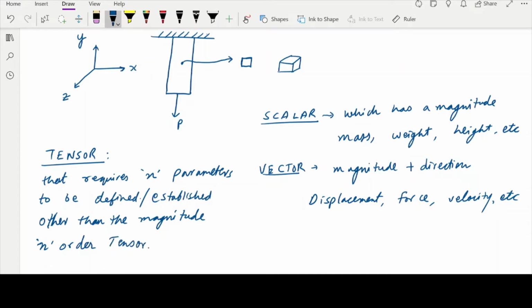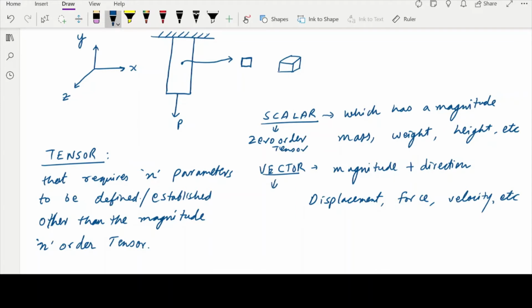Here you can see that a scalar, other than magnitude, requires zero other parameters to define it, right? Mass requires only the quantity, that is 70 kilograms, 70 pounds. So a scalar is a zero order tensor. A vector requires one more parameter, that is direction.